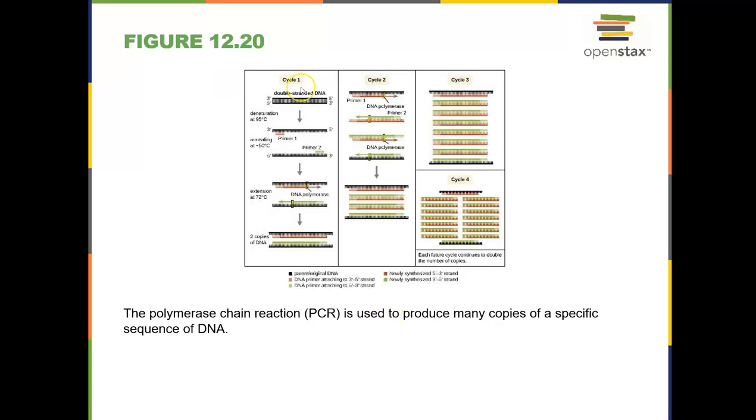PCR is where you make a bunch of copies of a specific sequence of DNA. It goes through several stages. In the first cycle, you denature it with a 95 degree denaturation cycle, and then you do an annealing of a primer at 50 degrees, and then extension with a polymerase at 72 degrees, which is super hot.